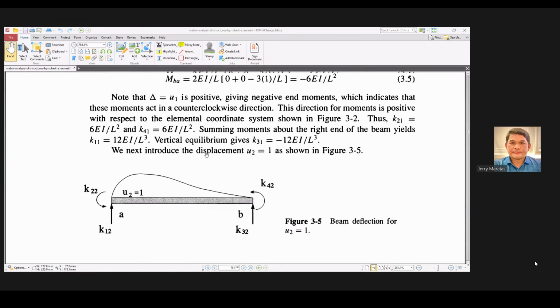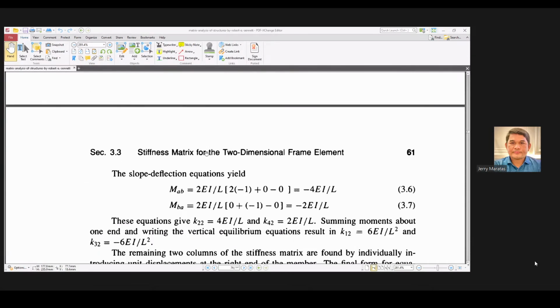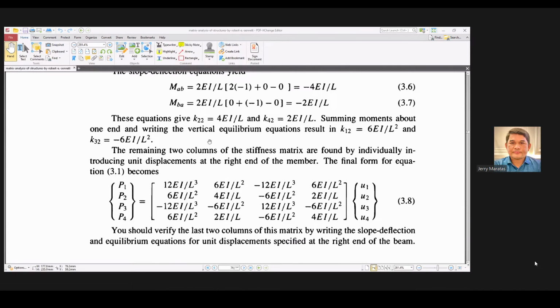Okay, so you have this in your theory of structures. Okay, and this is it. After simplifying, this is now our K, the elemental stiffness, or stiffness per element of the beam.